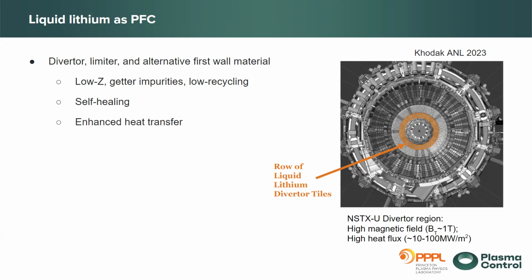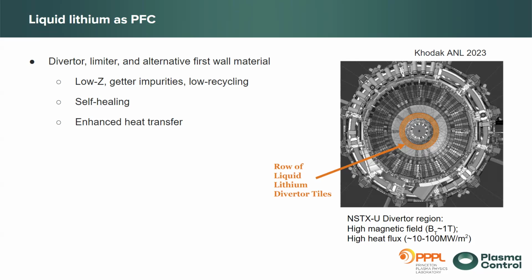And last but not least, with flowing lithium you can also enhance heat transfer at the divertor or limiter regions. On the right side, I'm showing a schematic taken from one of Andre's talks, one of the proposals where we put a row of liquid lithium divertor tiles at the bottom.